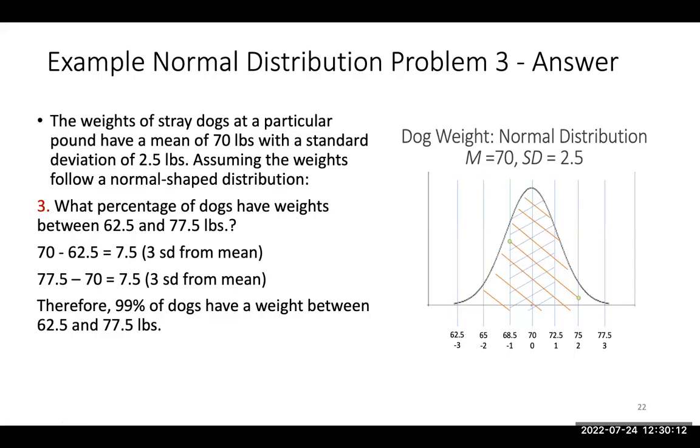What percentage of dogs have a weight between these standard deviations, between 68.5 and 75? So you would use your knowledge of the 68, 95, 99% rule to answer that question. So what we're really doing is having a really good understanding of the proportion, 68%, 95%, 99%, and how that translates into standard deviations about the mean.